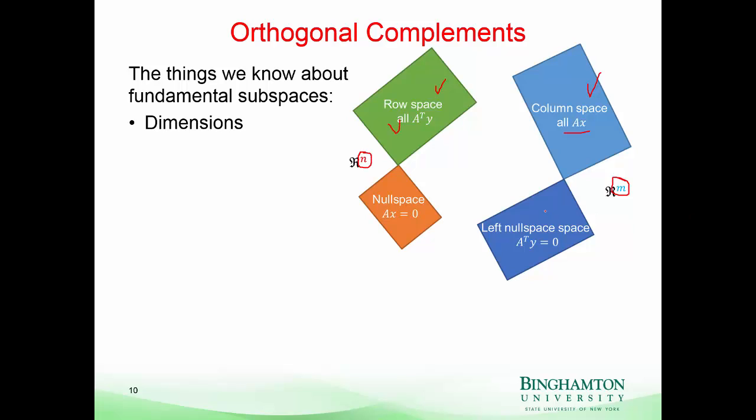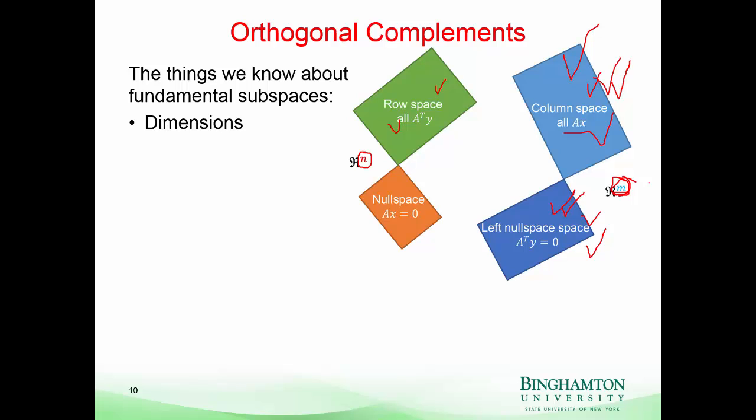In which case, the null spaces will be left with nothing, because we know that the sum of the two dimensions over here must add up to m. So if the rank is less than n, we're going to have some dimension here and some dimension down here. So maybe our m was 5, and we might have dimension 3 up here and dimension 2 down here. Or we could have 5 up here and 0 down here. So the whole dimension of the space is kind of split between these two spaces.